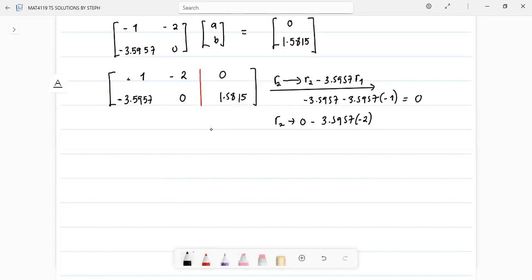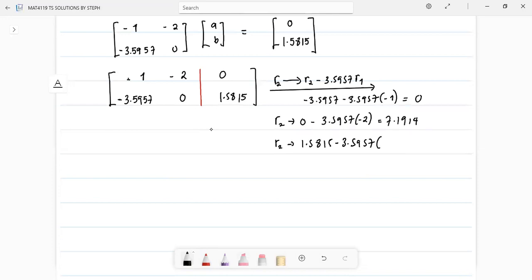So 3.5957 times 2, we get about 7.1914 as positive. This is the value we're going to replace here. While the last one, we have 1.5815 minus 3.5957 times row 1.